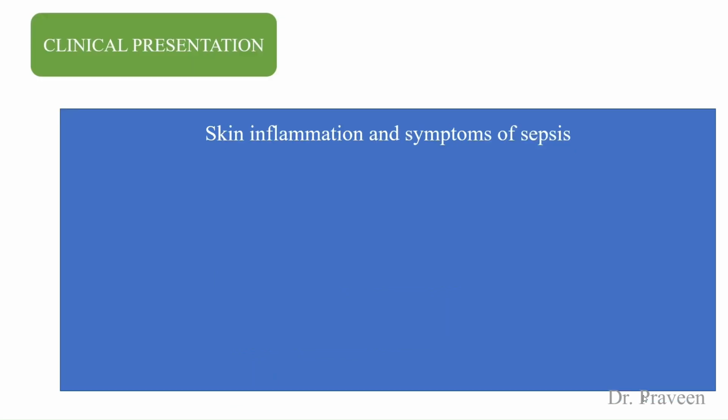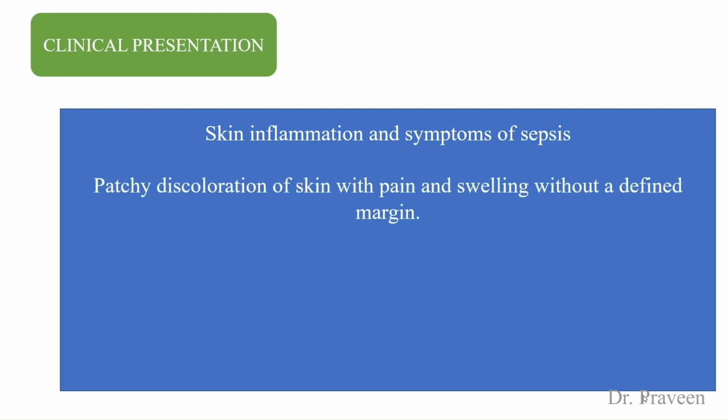Coming to the clinical presentation, inflammation of the skin and the symptoms of sepsis are the classically seen clinical features. Patchy discoloration of the skin with pain and swelling without defined margin.